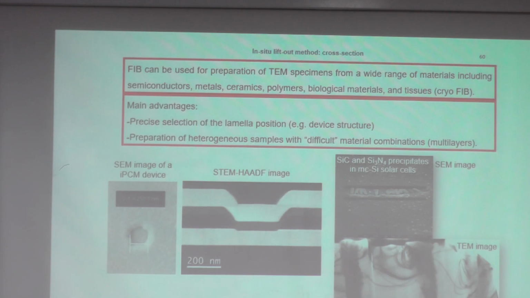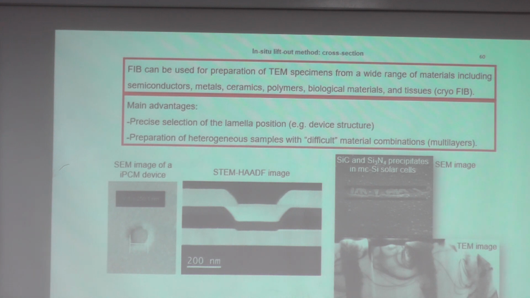This is another example of very hard materials. During production of silicon solar cells, silicon carbide and nitride can come out of the crucible, and some precipitates can form inside the grain boundaries, which can impact the performance of such solar cells. In our project, we were interested in what these features are, whether they are silicon carbide or silicon nitride, so we used FIB and prepared them. Silicon carbide is a very hard material, and silicon is much softer.